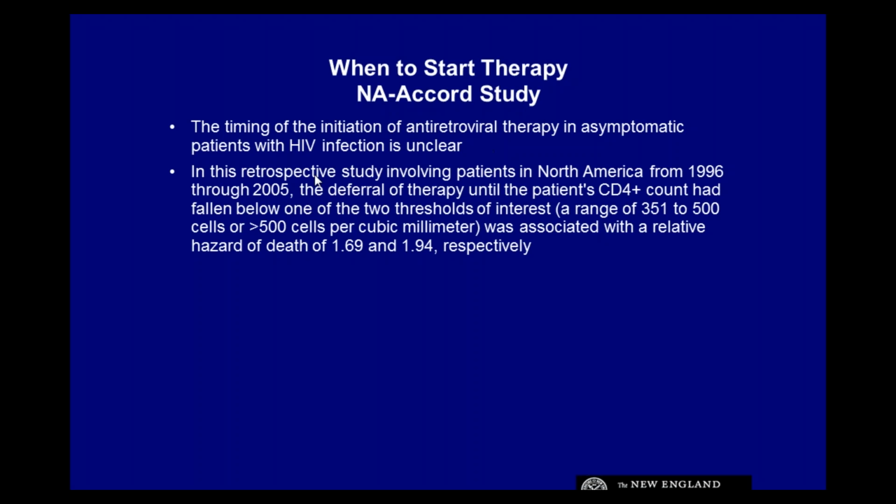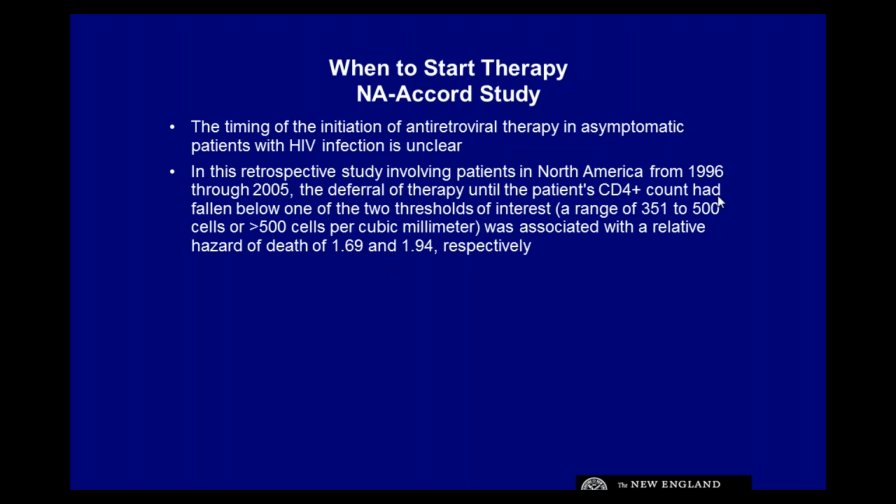So in a way to answer that question, there was a study called the NA-ACCORD study. This is a very large database that includes, I would say, probably 50% of the HIV patients across America. And they looked at the time from 1996 to 2005 and asked the question, which was better, to treat people when their CD4 count was between 350 and 500, or greater than 500, and then look at their chance of death.